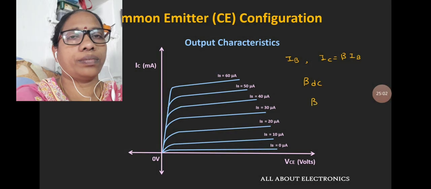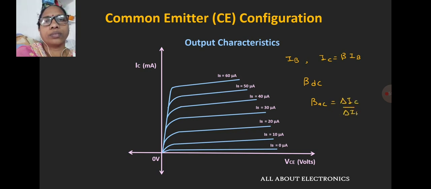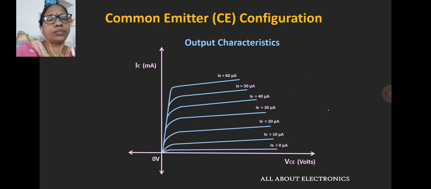Now if we talk about the AC gain, then beta AC can be given as delta IC divided by delta IB. That means the change in the collector current to the change in the base current. Now usually the values of beta AC and beta DC are not the same, but as they are very close to each other, often they are used interchangeably.